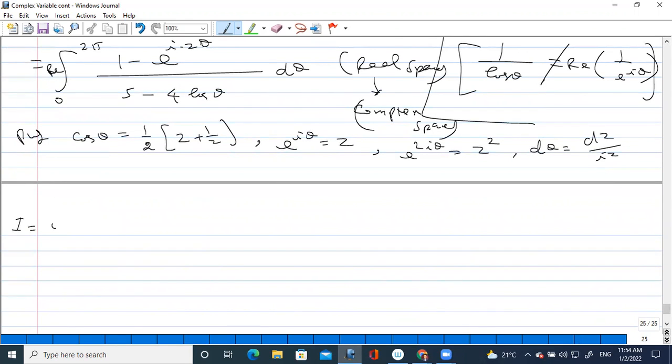So my integral will be real part of, 0 to 2 pi I will convert as a closed integral over the contour C, and contour C is my unit circle, because for this type of problem we take the unit circle.